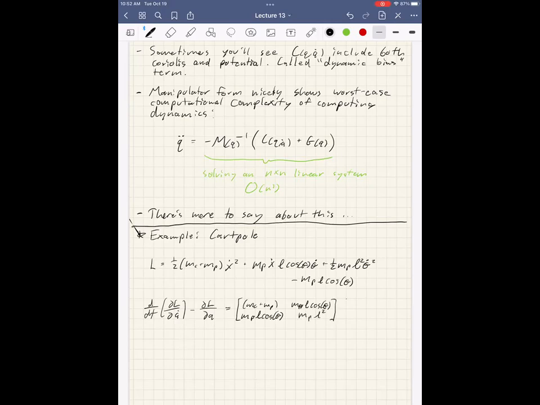So we get this mass matrix times q double dot, so that's x double dot, theta double dot, plus a Coriolis term that looks like this.